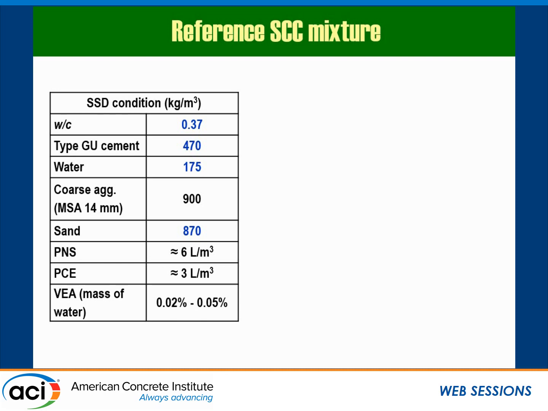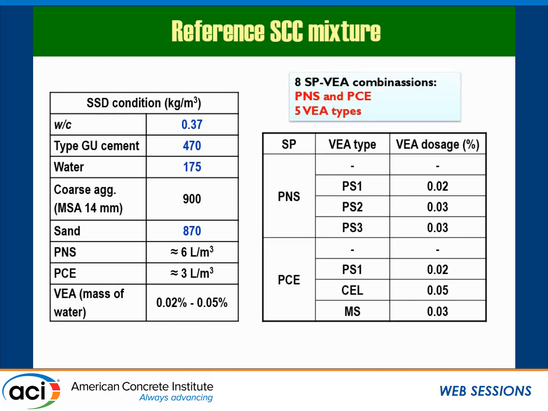The viscosity-enhancing admixtures varied between 0.02% and 0.05% by mass of water, so 200 to 500 ppm. The dosage is adjusted for one criterion, and that is to secure a surface settlement of less than 0.5%. Joe shared with us that the column segregation test, the surface settlement test, is another test, and all the dosages were there to secure that. The dosages are relatively low because the concrete is already stable.